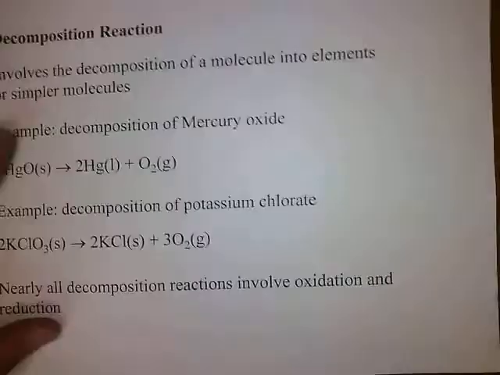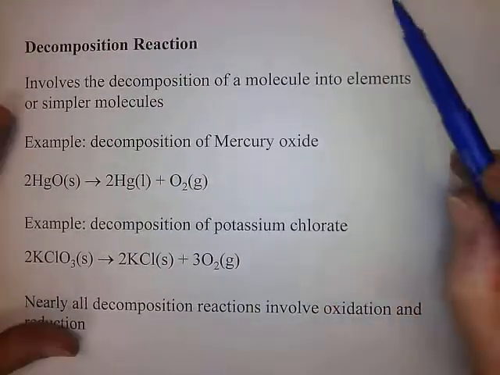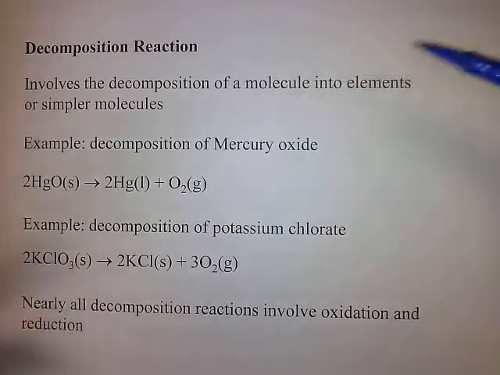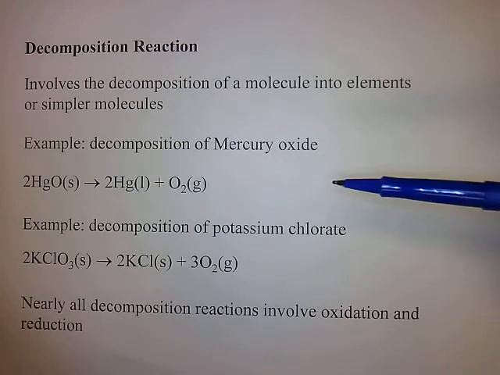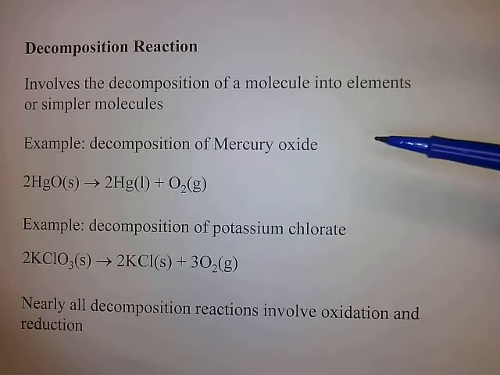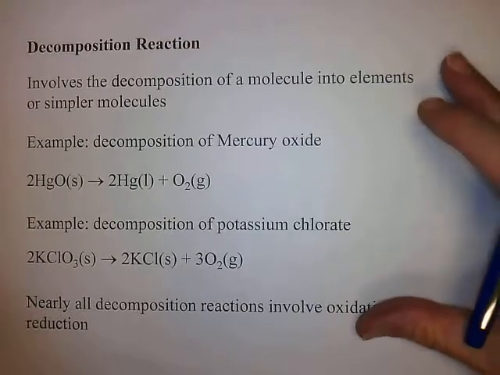And then last, this is our last slide. The last is a decomposition reaction, which is the opposite of a composition reaction. So this one involves the decomposition of a molecule into elements or even into simpler molecules.